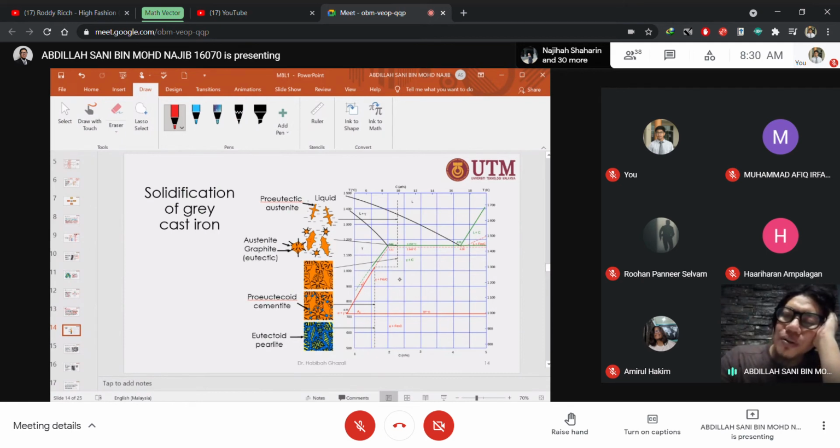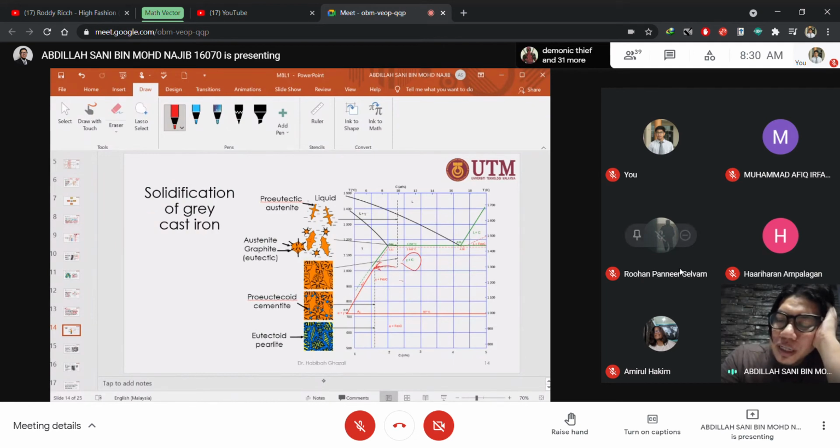So once it formed graphite, we can say that the amount of carbon in the austenite decreased, and we can illustrate that by shifting of the composition.